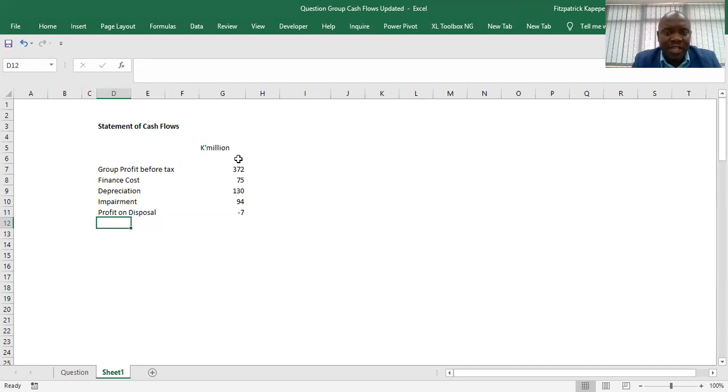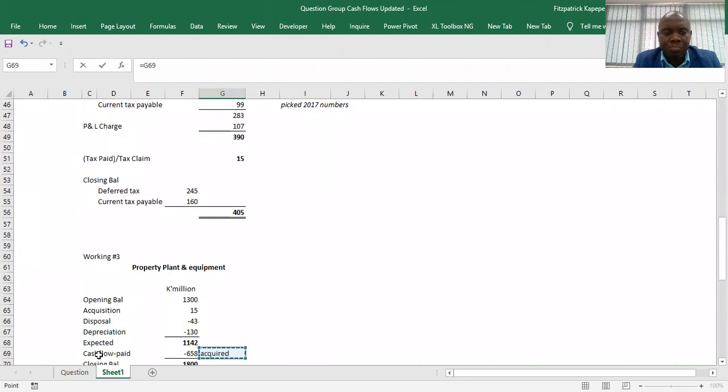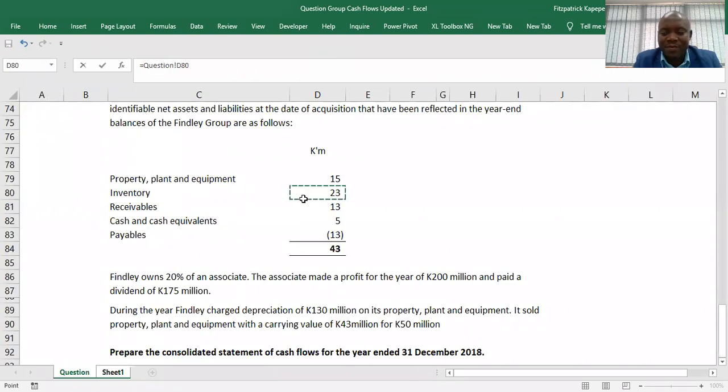What other thing do we have? So we have share of associates' profit. Sorry, it's this side.